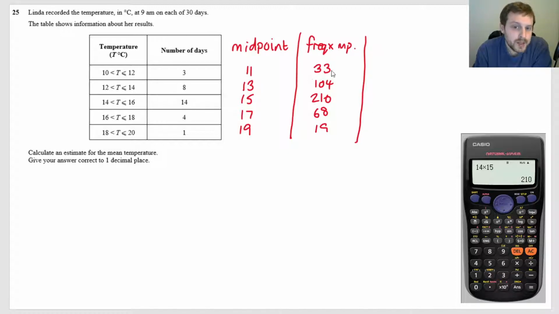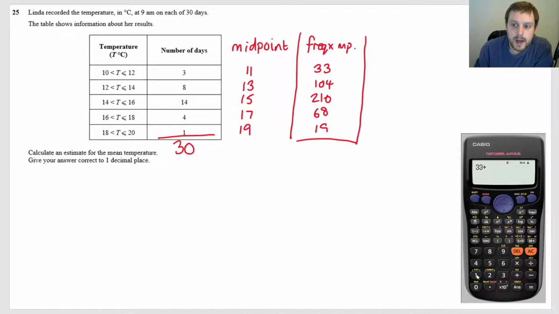So the 3 11s add up to 33, the 8 13s add up to 104, the 14 15s add up to 210, the 4 17s add up to 68, and the 1 19 adds up to 19. So, what do they all add up to? All 30 of these add up to. This is where we really will use the calculator.